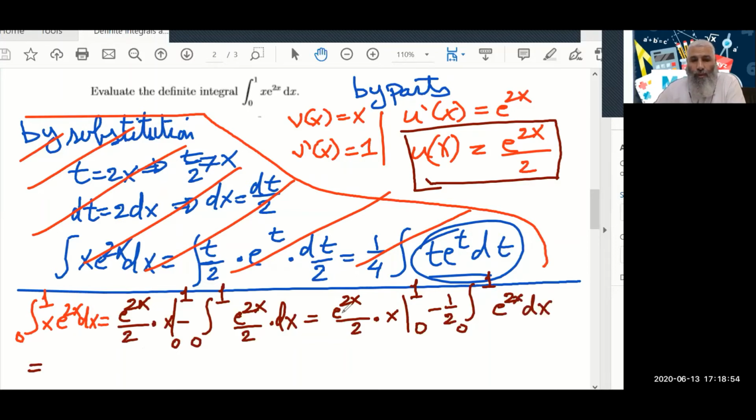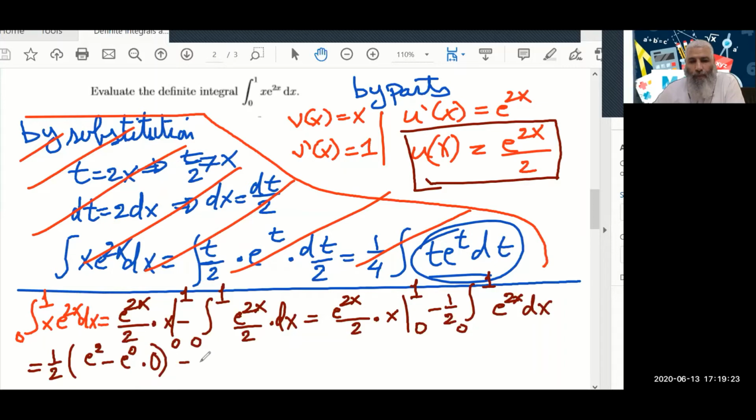So we can substitute here 1. This will be 1 over 2 e power 2 multiply 1 itself minus e power 0 multiply 0.